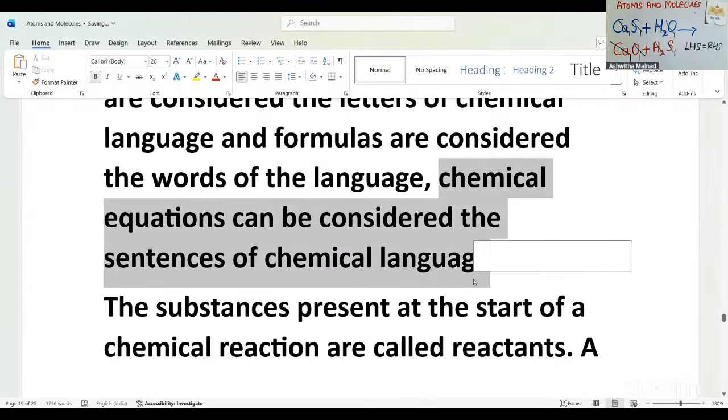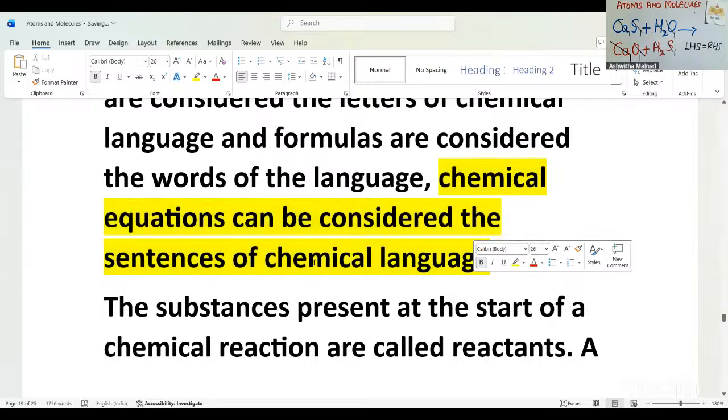You can take a note of this point: a chemical equation can be considered as the sentences of chemical language. The sentences of the chemical language are what we call chemical equations. Okay, did everyone note it down? So the sentences of chemical language are called chemical equations.